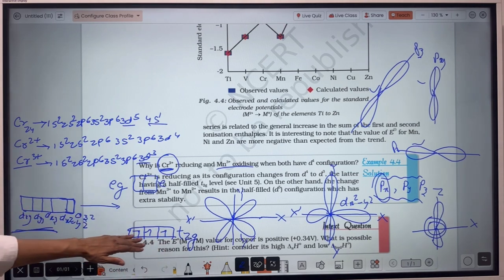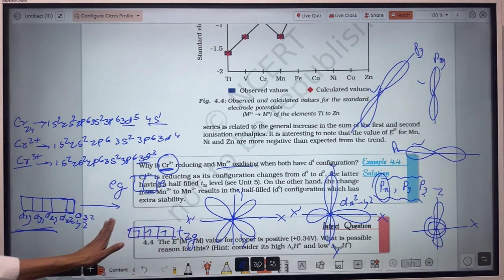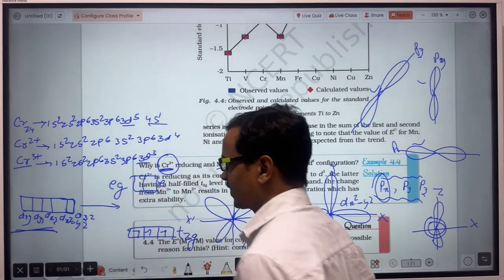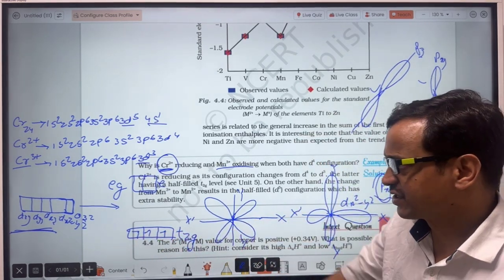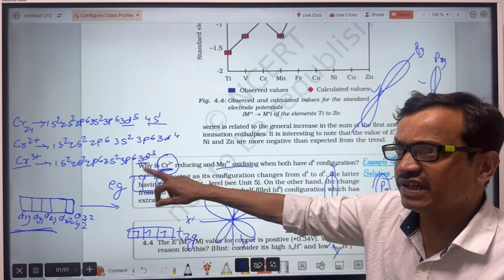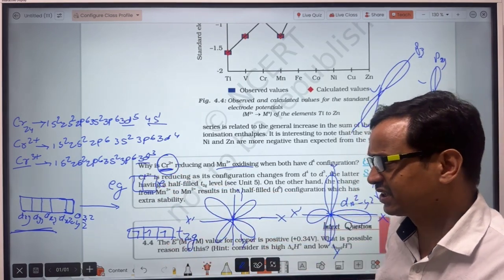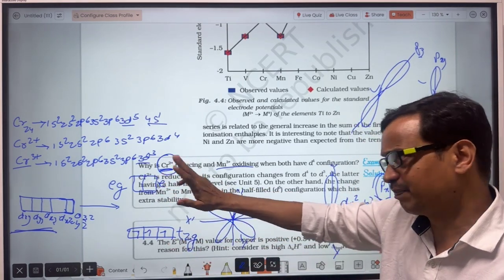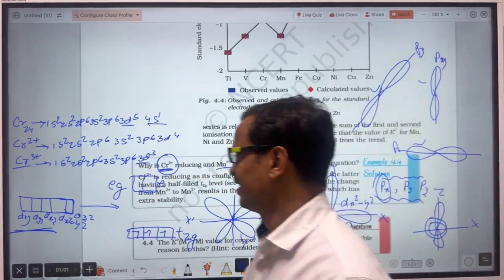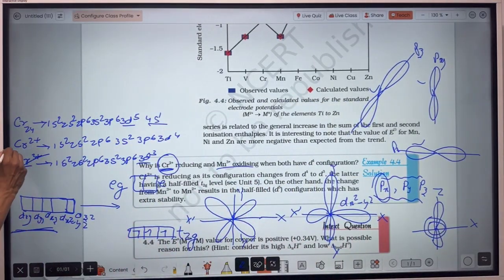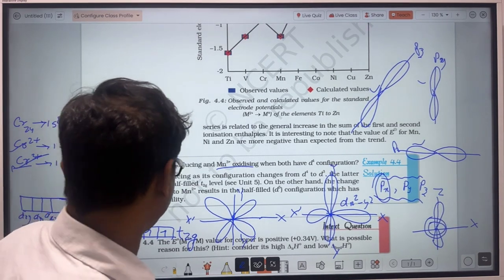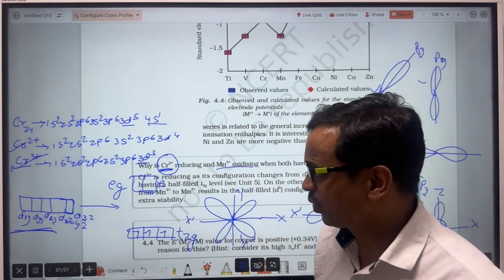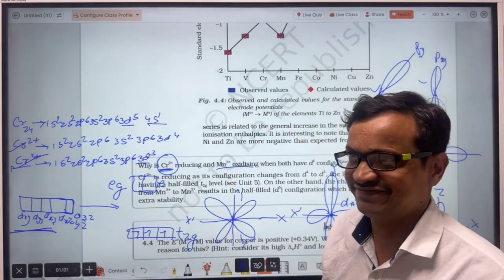These three electrons will be in the T2g energy level, so the T2g energy level is half filled. Chromium will contain a half filled T2g energy level in the +3 oxidation state. So obviously Cr3+ will be more stable compared to Cr2+, and Cr2+ will have the tendency to convert into Cr3+.